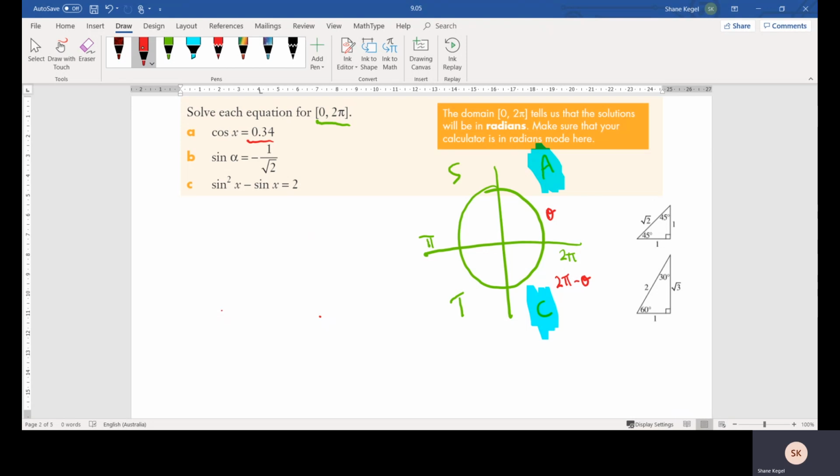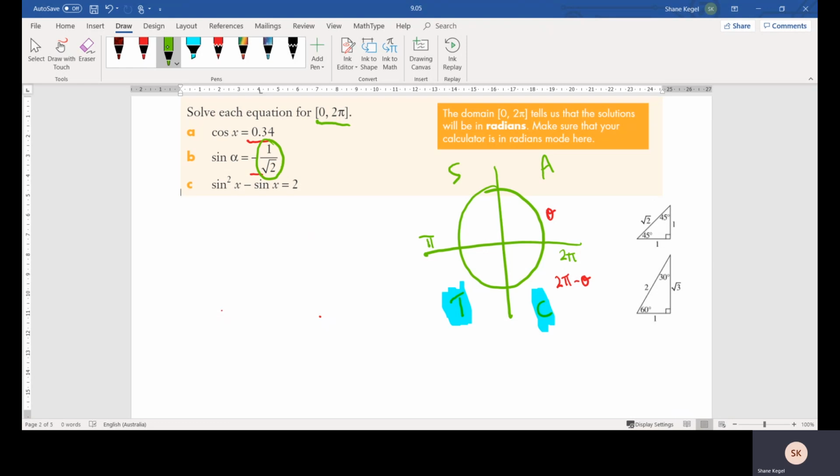So the fact that I've got a negative tells me that sine must be negative in this quadrant. So I'm dealing with quadrant 4 and quadrant 3. And I also need to find where sine has a value of 1 over root 2.